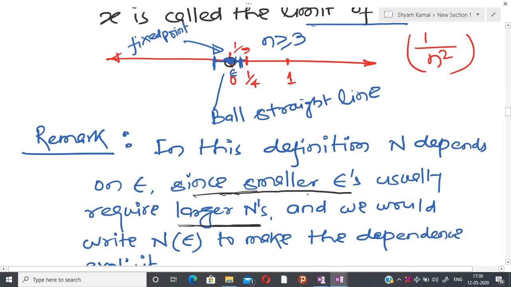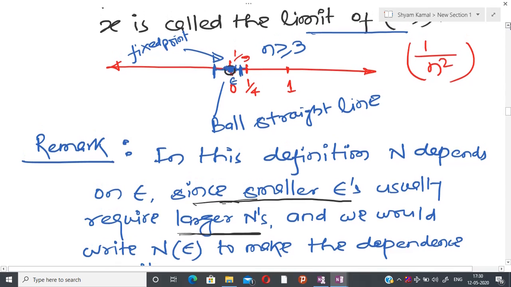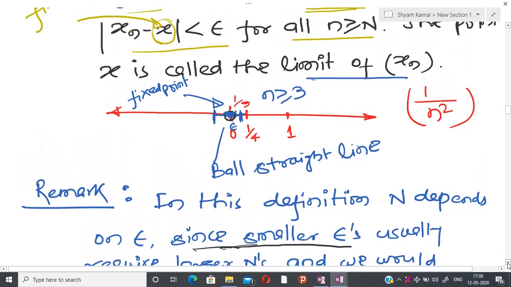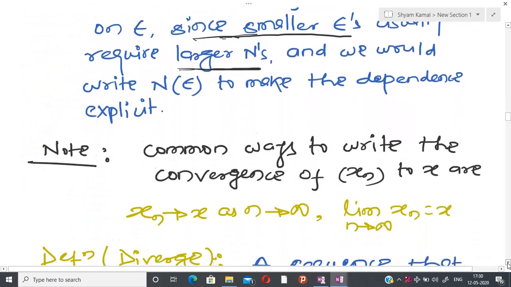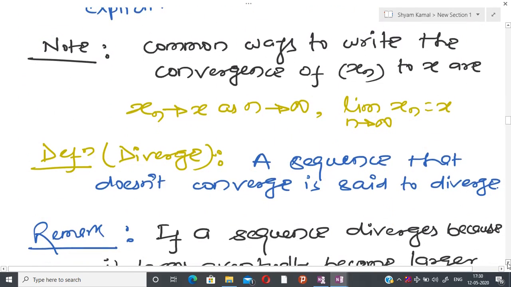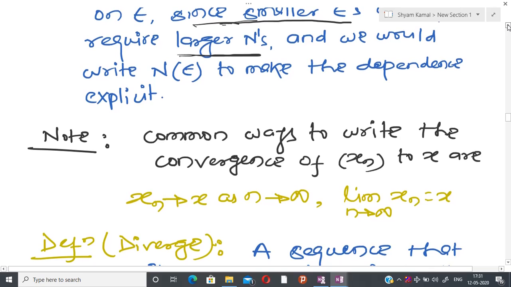Using one example, I will tell you the relation between N and epsilon.